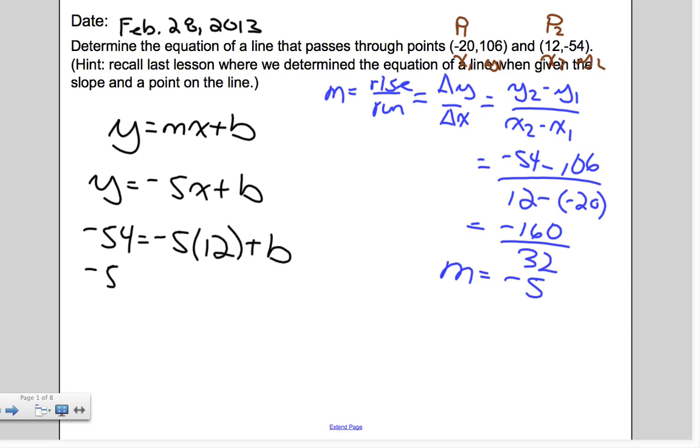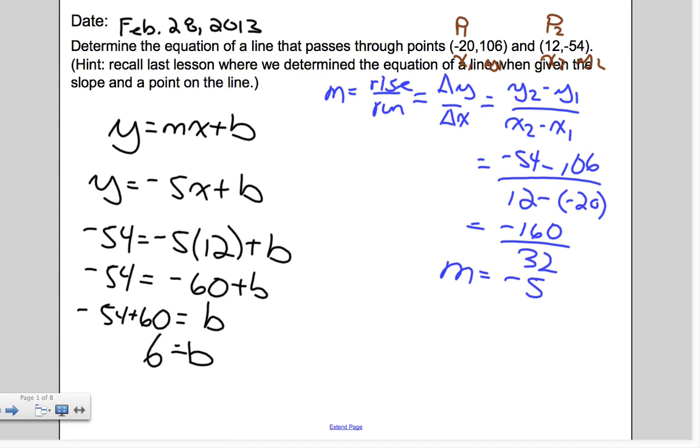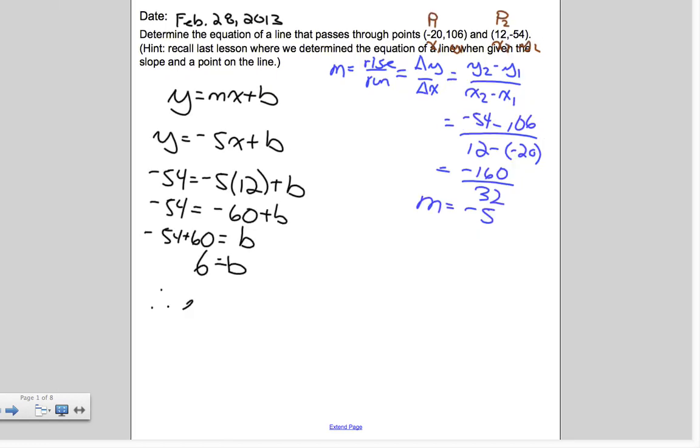So negative 54 is equal to negative 60 plus b. So we're going to add 60 to both sides. So I get b is equal to 6. So therefore my equation is y is equal to negative 5x plus 6.